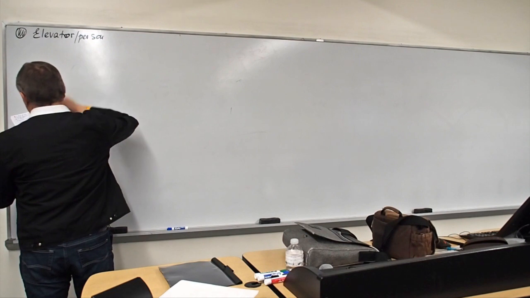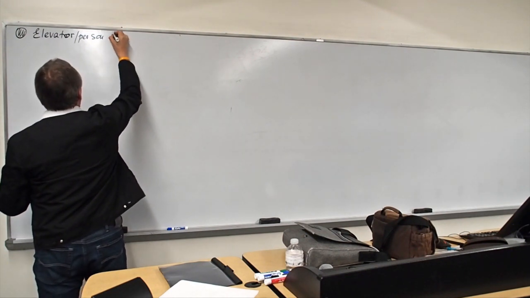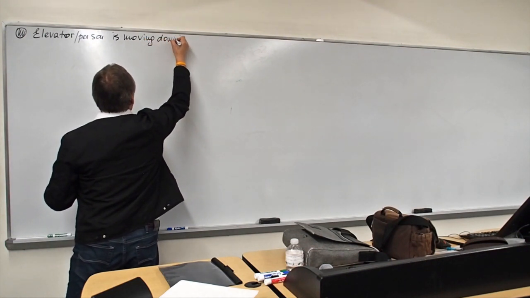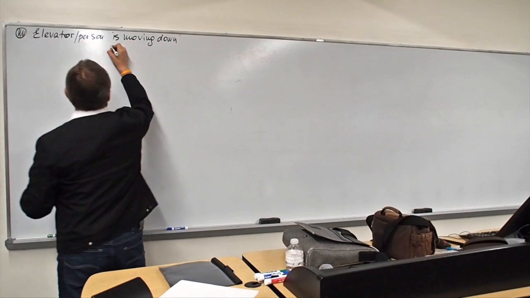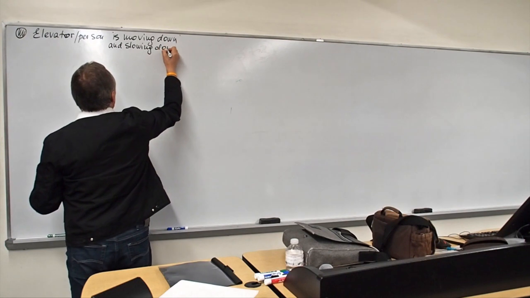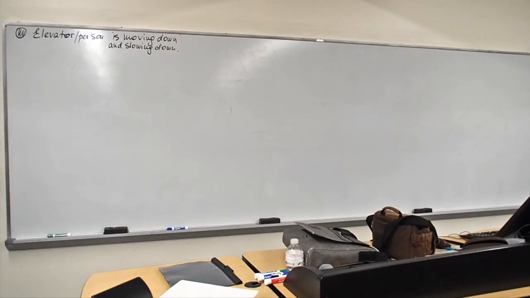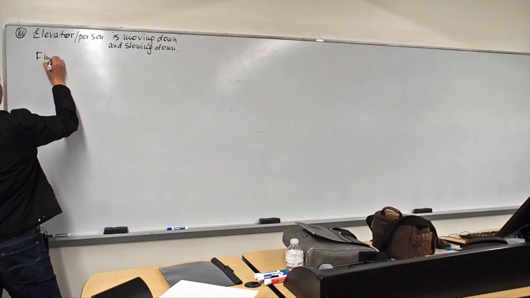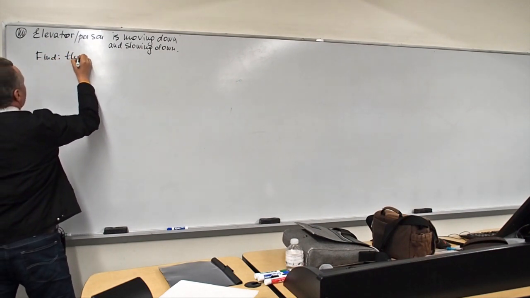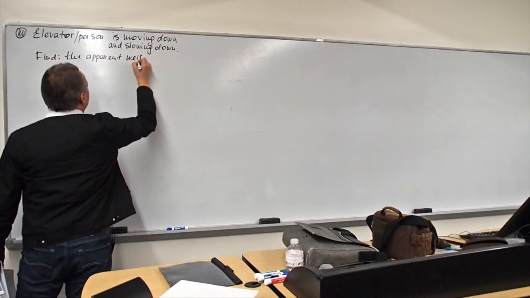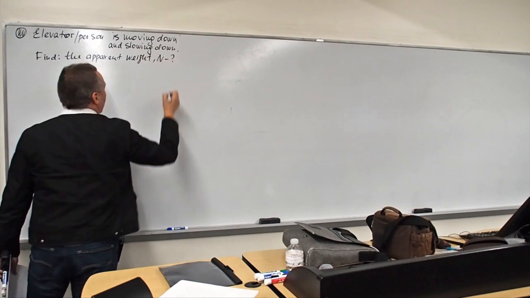And let's assume that this elevator is moving down and slowing down. So, the problem in words, and we need to find the apparent weight. Basically, it means finding the normal force.